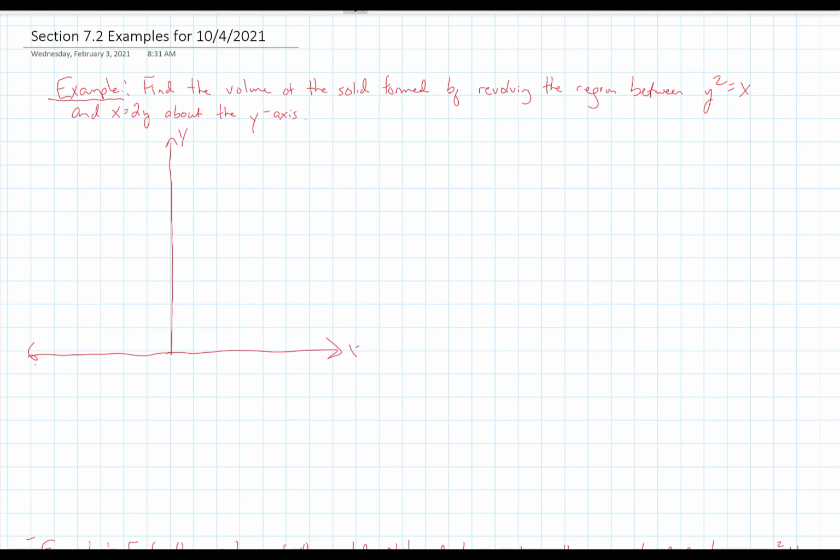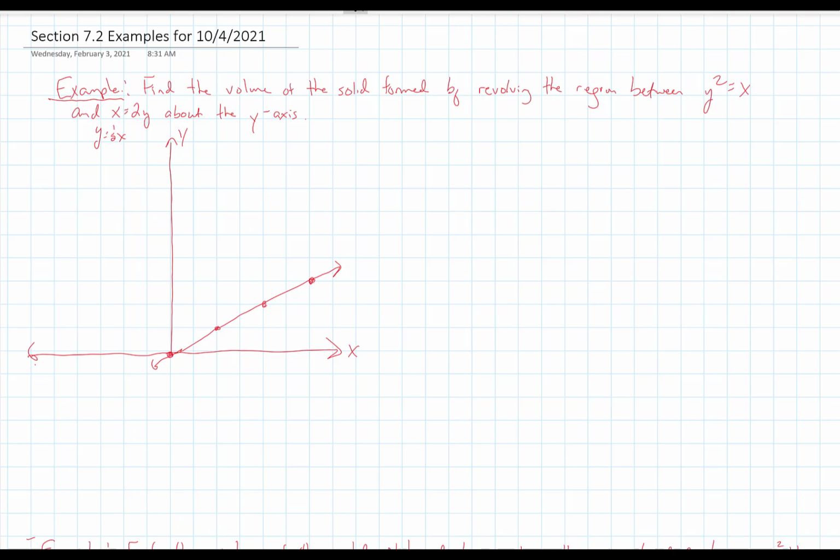So here's my x and y axes. And I know I've got the line x equals 2y, which is the same as saying y equals 1/2 x, right? So we start at the origin and we go up 1 and over 2. And so we get that line.